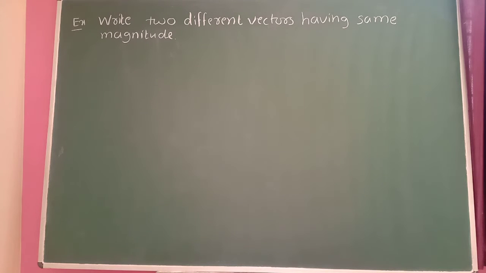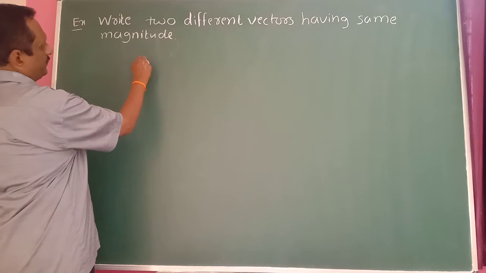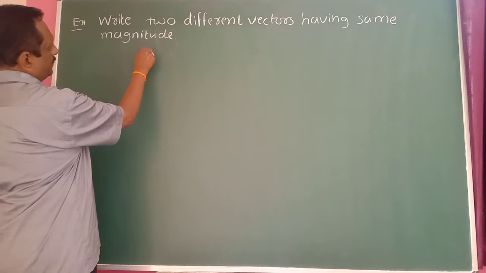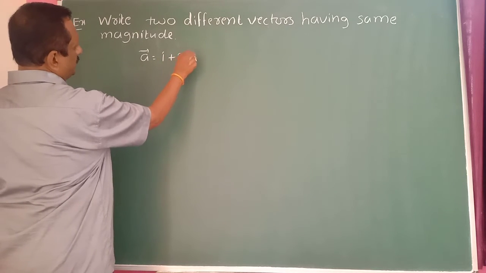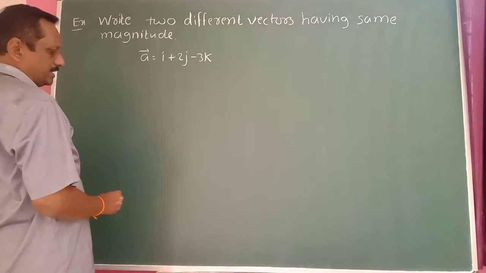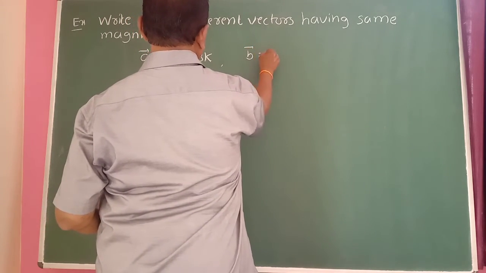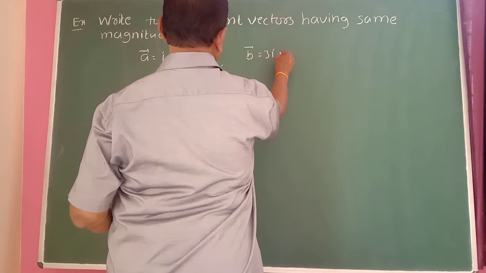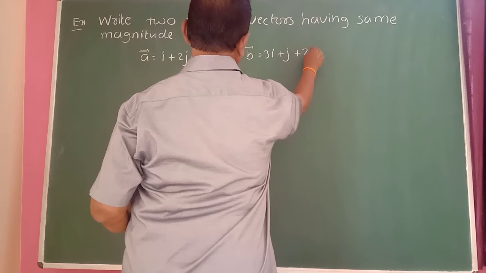Now write two different vectors having the same magnitude. Therefore, in this case take a bar as i plus 2j minus 3k and the second vector as b bar equal to 3i plus j plus 2k.